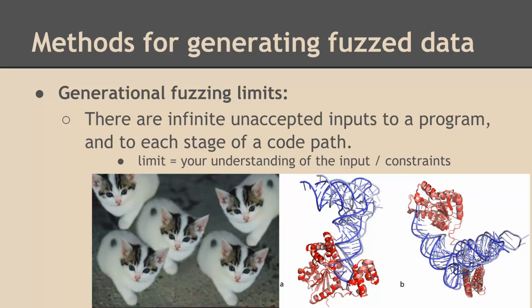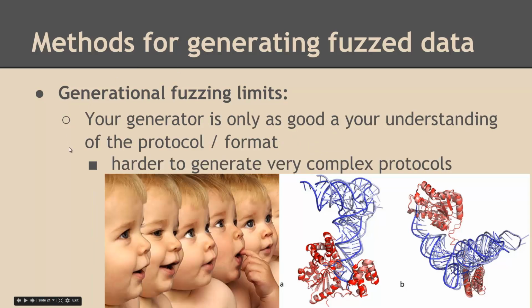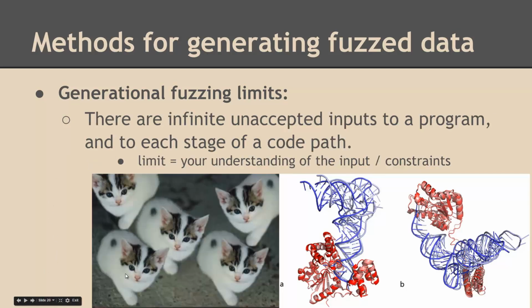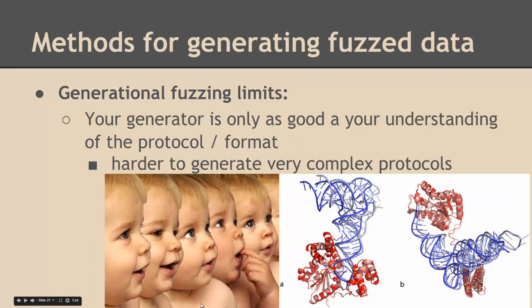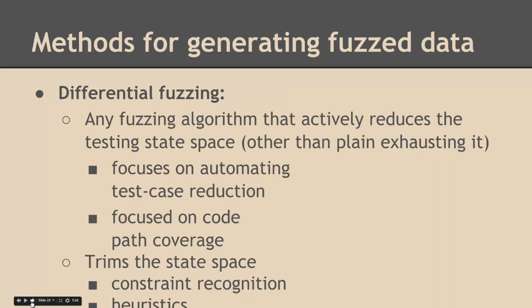So, as I said, the RFC and any other specifications are very useful for pushing past these barriers, so you can develop your fuzzing accordingly. And that being said, it's very, very hard to generate complex protocols. Like a simple case would be cloning kittens, and a more complex case would be cloning variants of human beings or Homo sapiens.